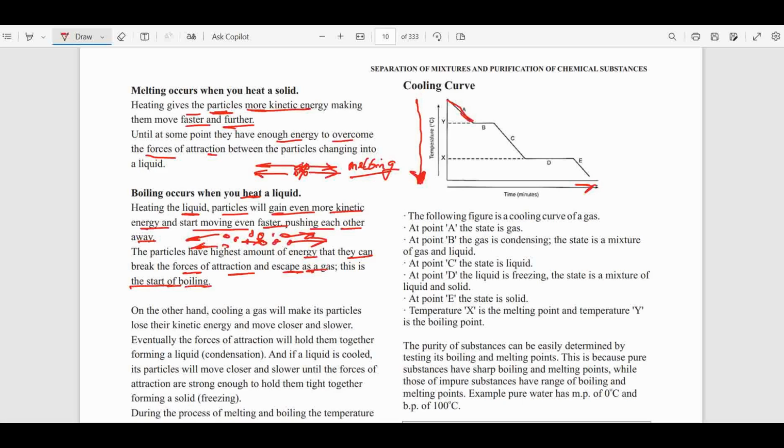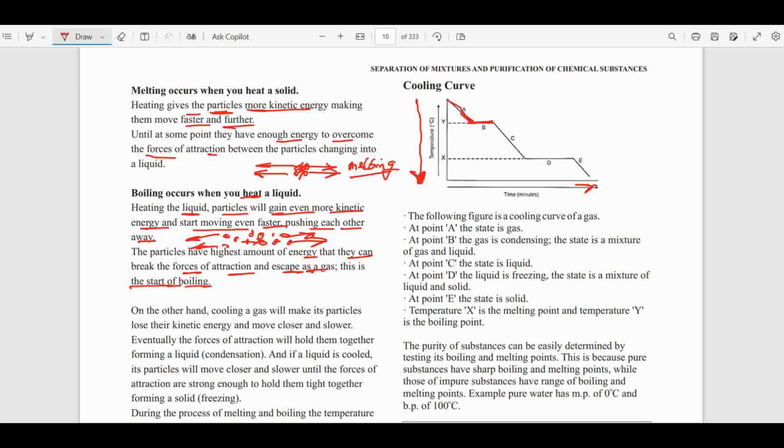And it gets to a point where the temperature remains constant, and the gas then condenses and becomes a liquid.